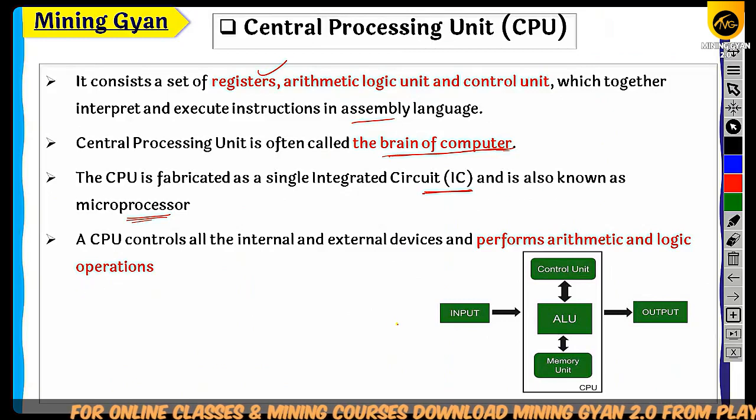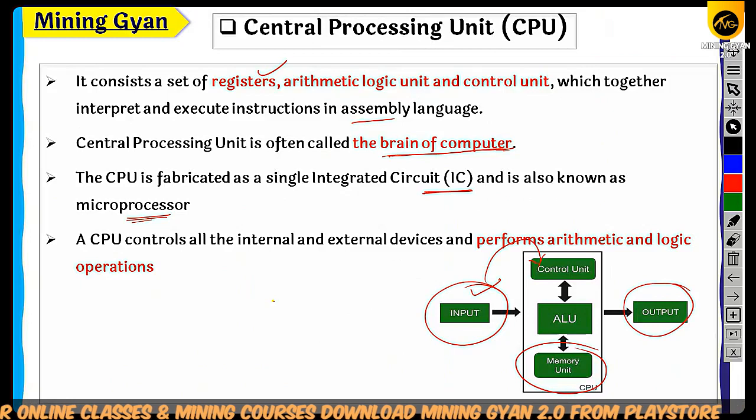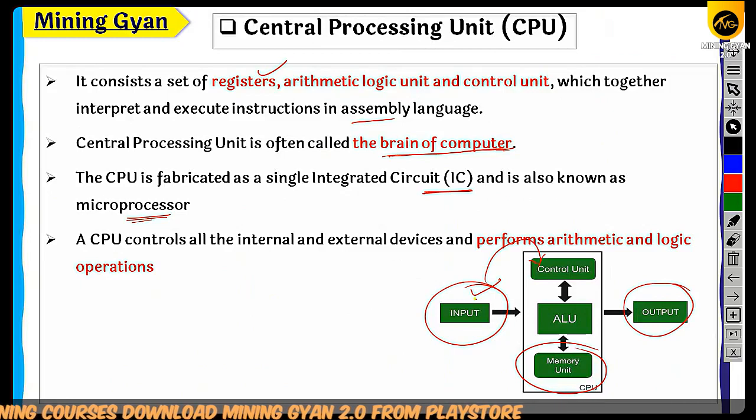So basically CPU controls the input part and the output part, and based on the input it processes the data, performs all the arithmetic or logical operations, gives the output and stores the result in the memory unit. So this is called the brain of the computer, which controls the input section, output section, and memory section, and together processes the data in the arithmetic logical unit. It also controls all the procedures or performance of the arithmetic logical unit and memory unit.